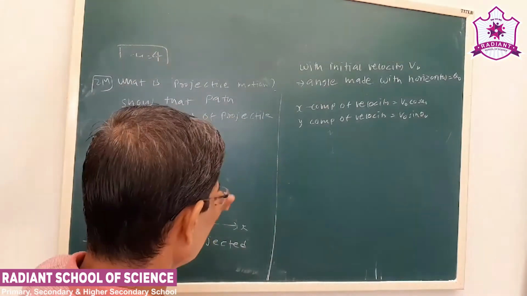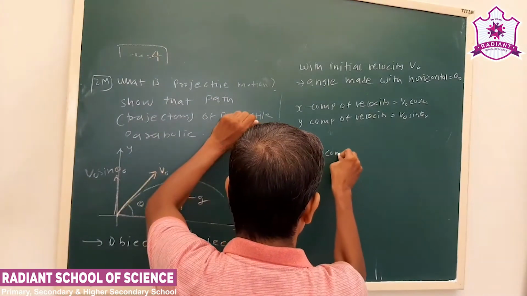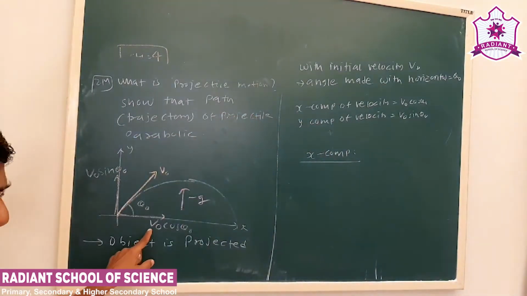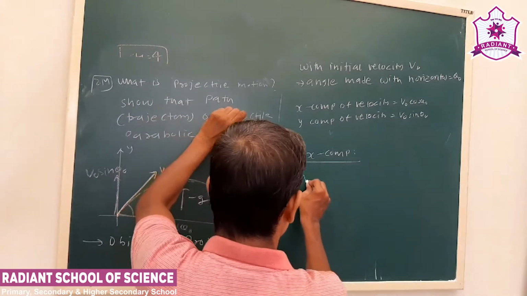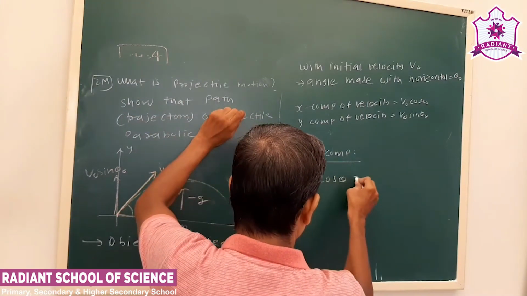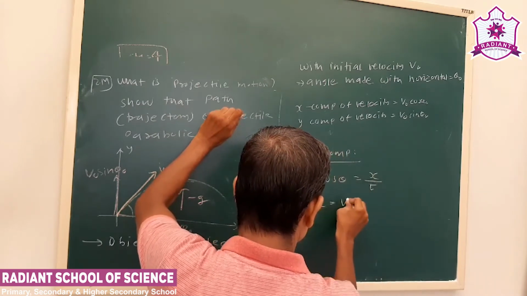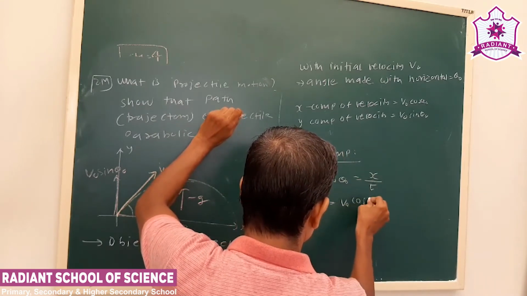First we write the x component. The x component is constant. It is not affected by any acceleration. So the displacement is x, and x is equal to v0 cos theta0 times t.